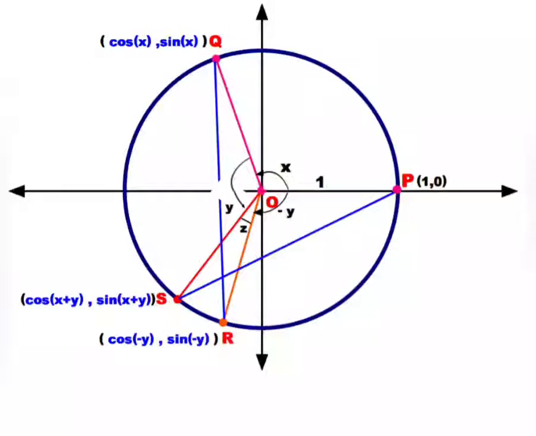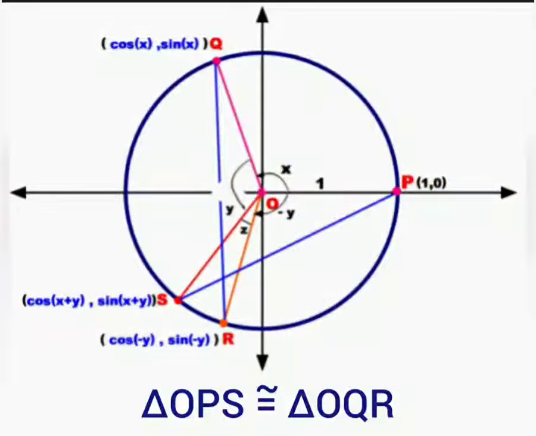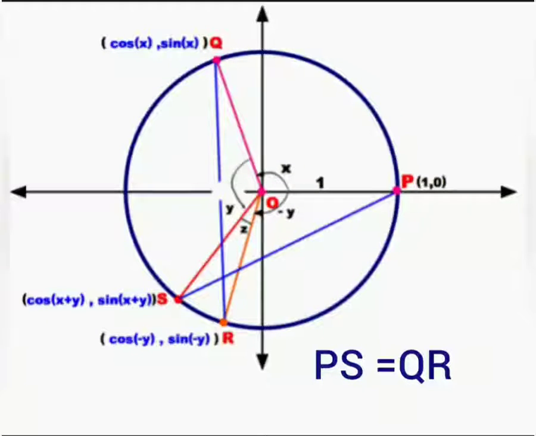Also, the numerical value of angle QOR is equal to POS. Thus, triangle OPS is congruent to triangle OQR, which further implies that QR is equal to PS.